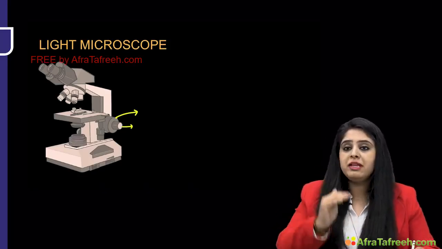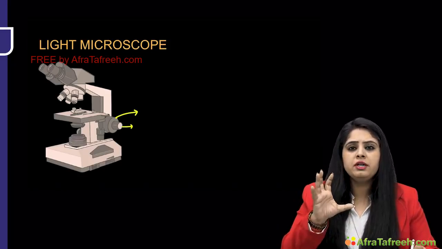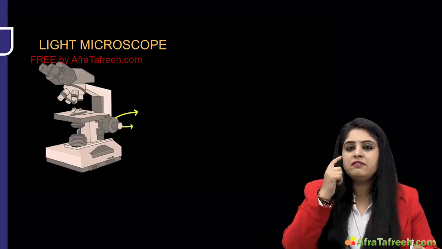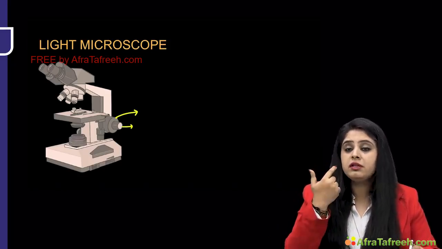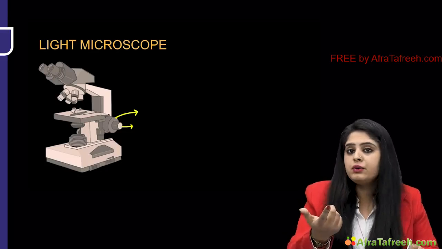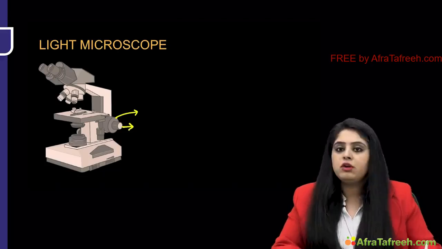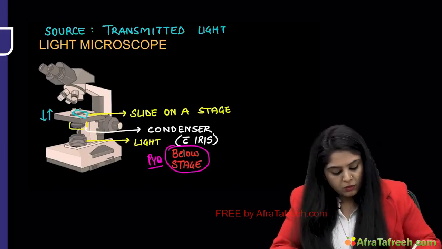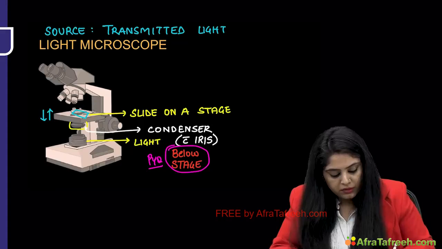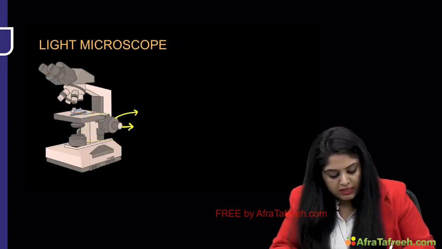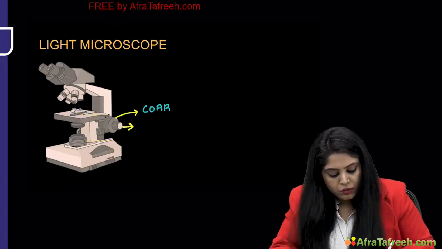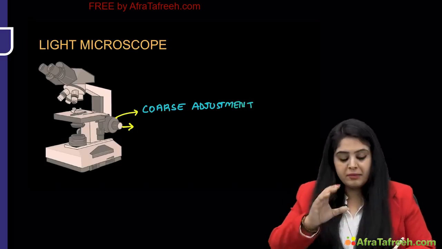If you want to move it majorly up and down, you use the big knob. If what is clear to me is looking a little blurred to you, and you want to do a little focusing, then you use the small knob. So can I say in simple words that the big knob over here, we'll label it here, is going to be the coarse adjustment, because that is telling you how it is going to do big movements up and down.